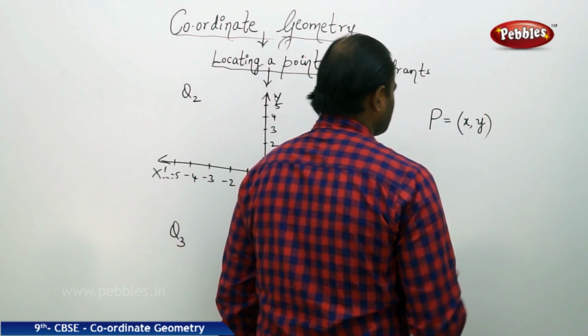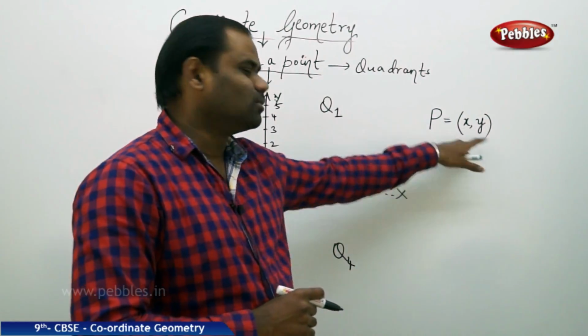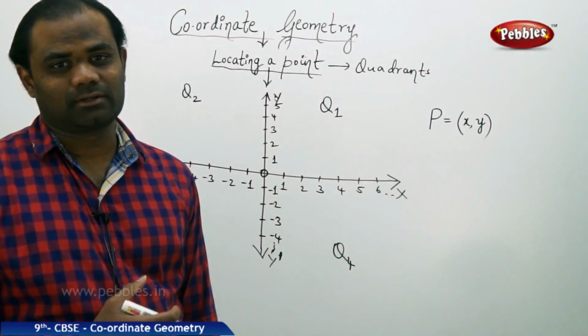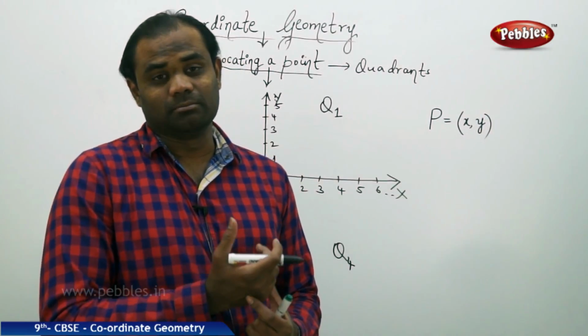So for example, I have the point generally denoted by (x, y). Before we enter into locating a point, let's recap how the notation is done for a point. What is the rule for denoting a point with symbols?